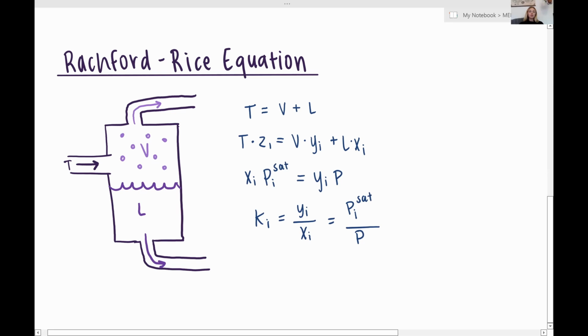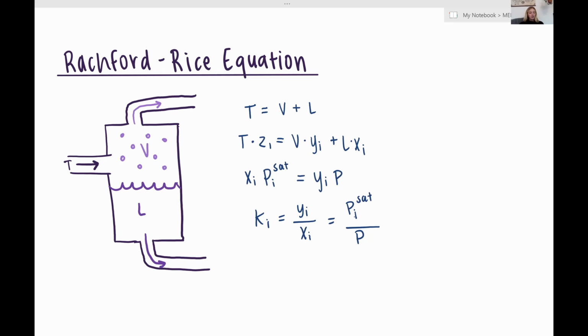And this is going to be important because we know the temperature and the pressure, so we can use that temperature to find our pure saturation vapor pressure of each component, and we know our total pressure here, because that's given to us. So we can easily find the Ki value for both benzene and toluene.